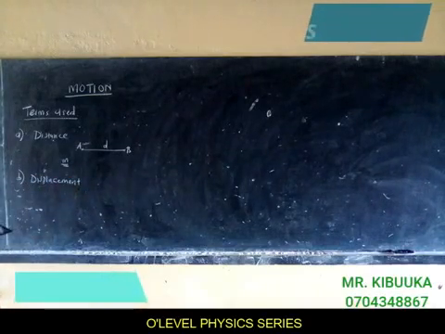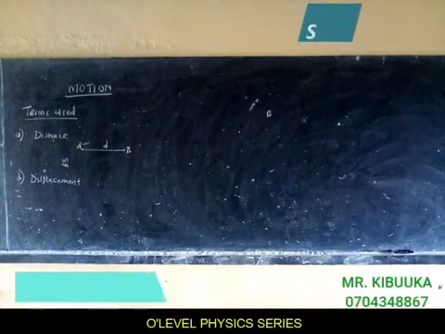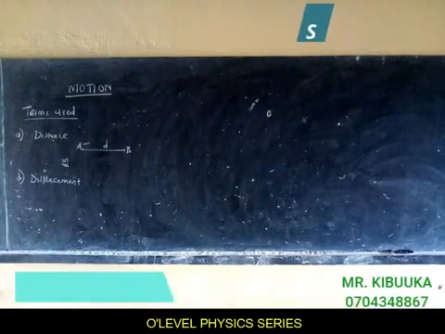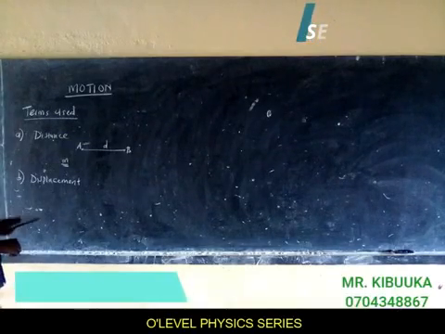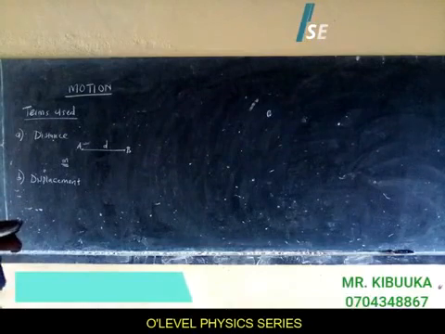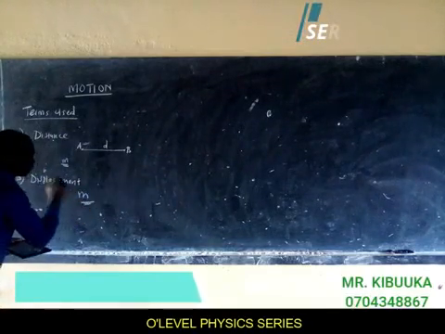By definition, displacement refers to the distance covered in a specific direction. Displacement has the same SI unit as distance. They are both measured in meters.